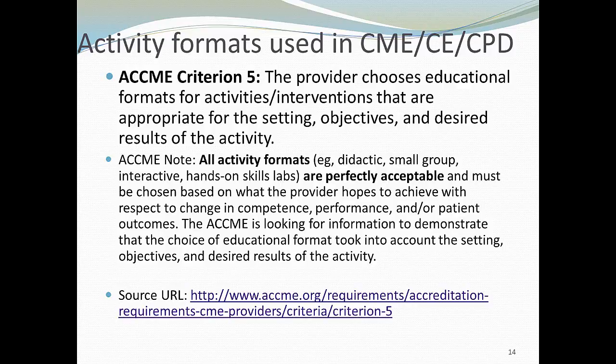There's a link if you want to read up on the criteria for accreditation, but this is a competency we have to continuously document for Winthrop to show that we are taking this on, matching formats to objectives and desired results.